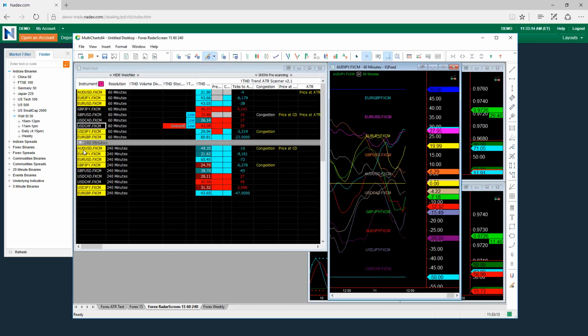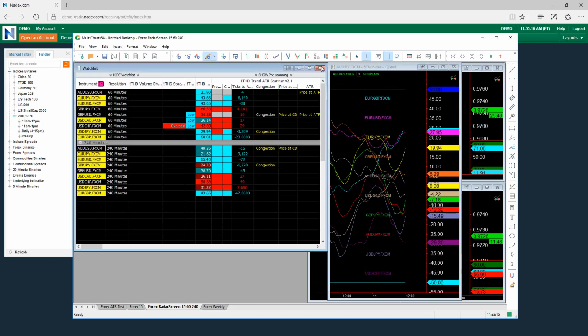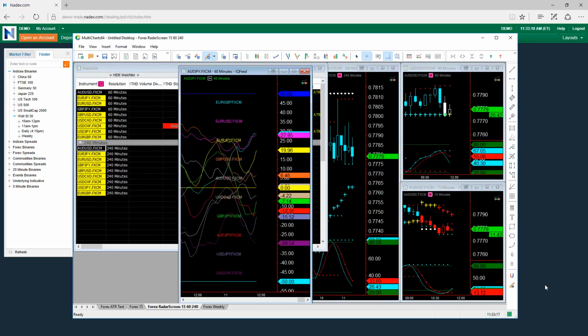That means, okay, if the Aussie dollar is moving up, then the only potential that I have is to enter at the ATR going in the direction. So this would be a long position to the upside. It's just very simple.